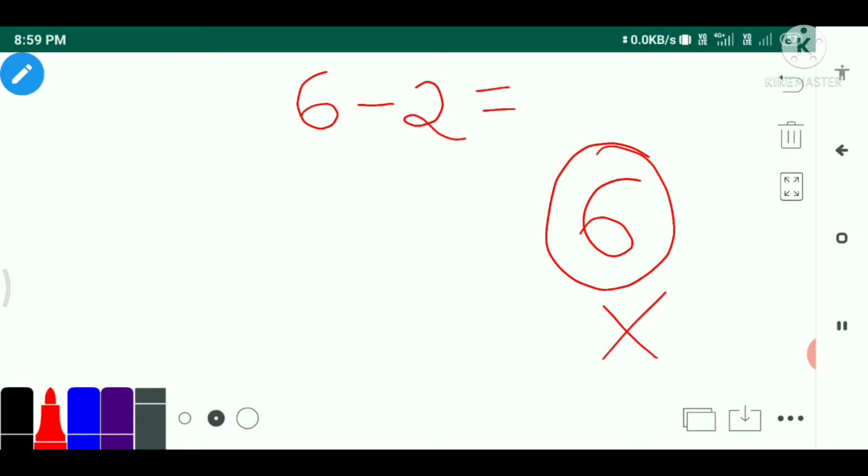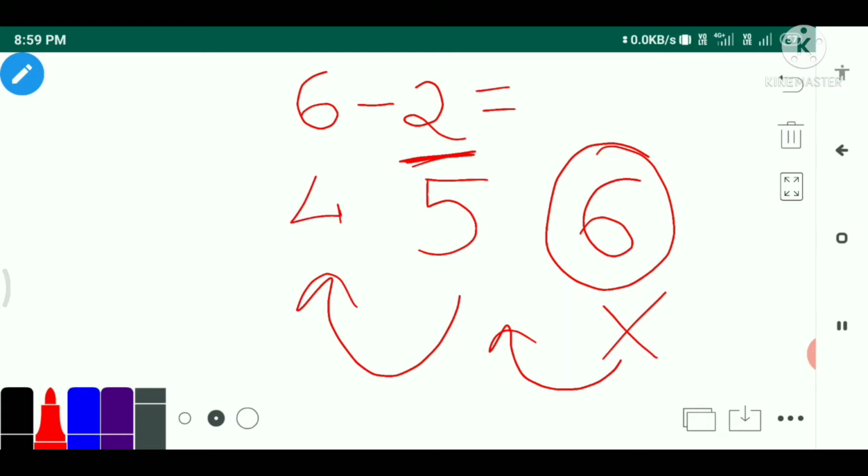How many steps do we have to move? 2 steps. Before 6 we know that 5 is there, and before 5 we know that 4 is there. Where do we reach now? We reached number 4, right? So 6 minus 2 will be 4.